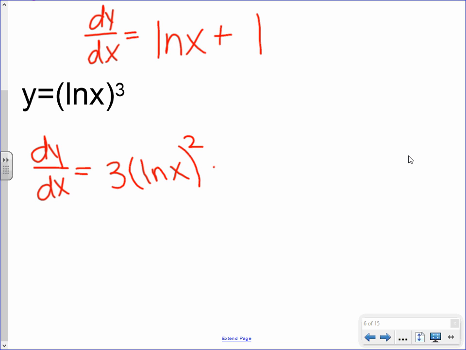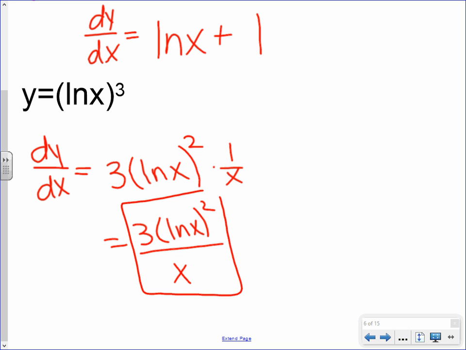Okay, and what's the derivative of the inside? 1 over x. If you left it as this, I would not count off. I just wrote it as one big fraction. Whichever way you write it, it's not going to be a big deal.